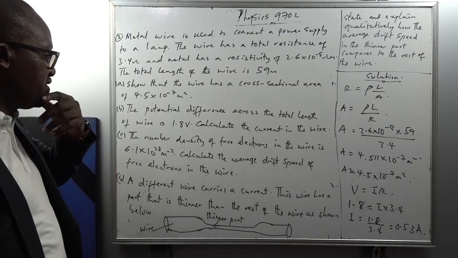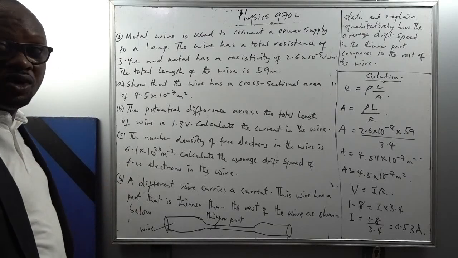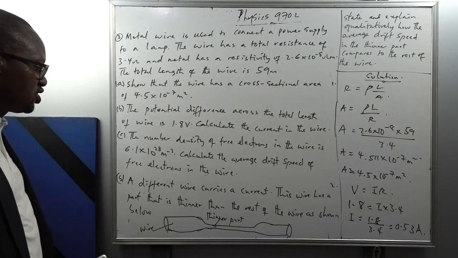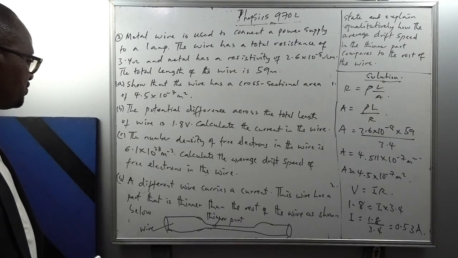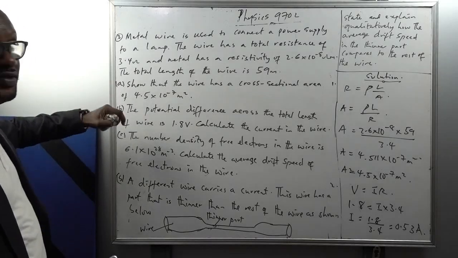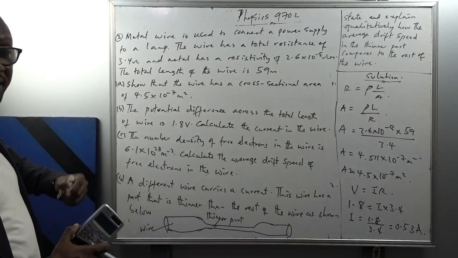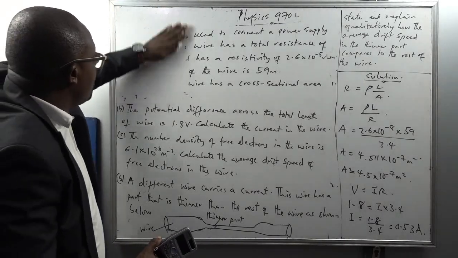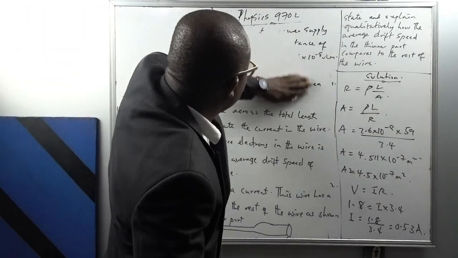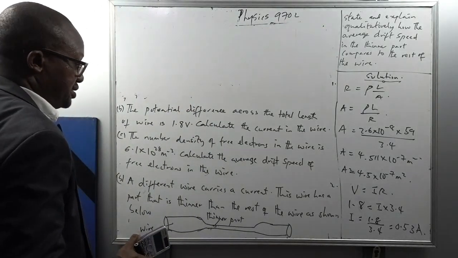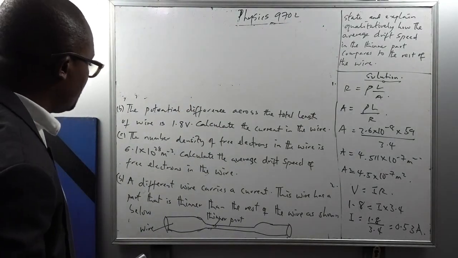The number density of free electrons in the wire is 6.1 times 10 to the power 28 per meter cube. Calculate the average drift speed of free electrons in the wire. So I can clean this. If you need it, you can easily rewind. The number density of free electrons is given.